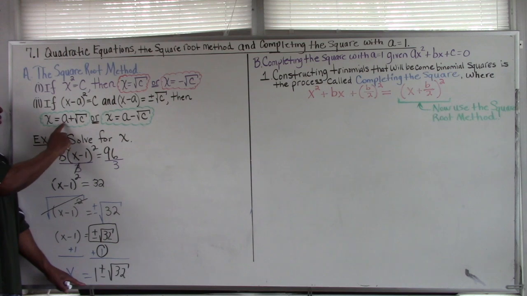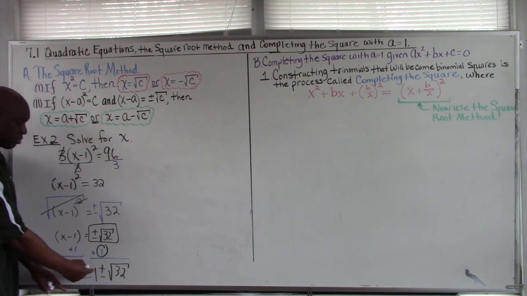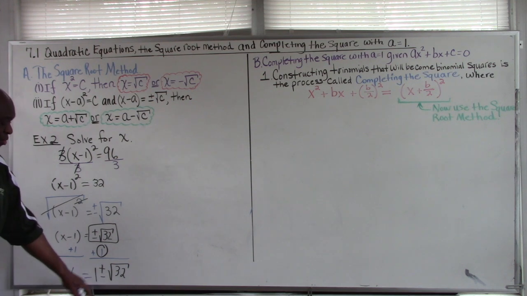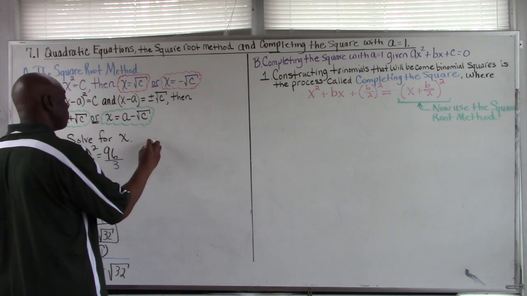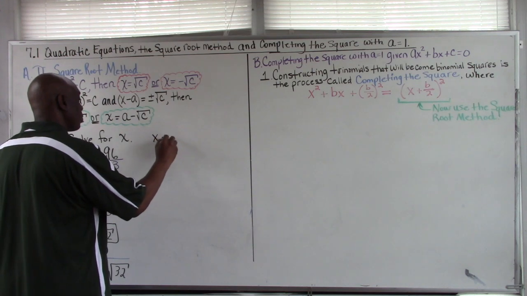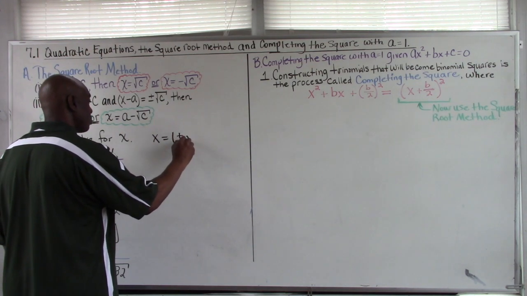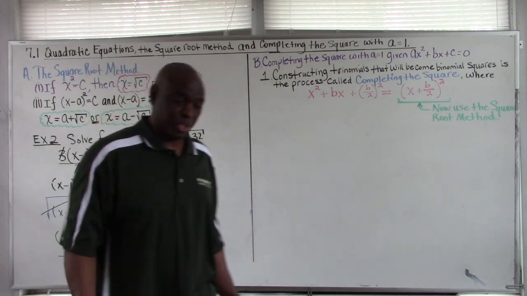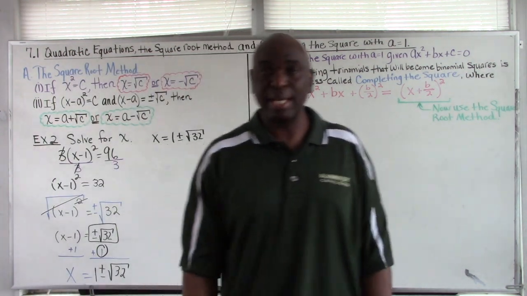I have the radical second and the number first. Write the number first plus the radical. Plus or minus the radical. So x equals 1 plus or minus the square root of 32. And if you think that we're done with this problem, unfortunately we're not.